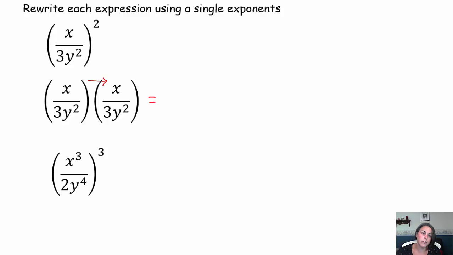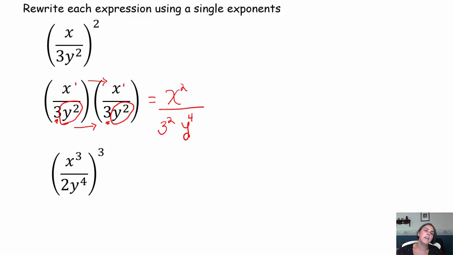If I multiply straight across the top, x to the first times x to the first becomes x to the second, over 3 to the first times 3 to the first becomes 3 to the second. 2 factors of y here, 2 more factors of y. That means we have 4 factors of y, y to the 4th. That's just applying our multiplicative law. When we're multiplying exponents, what do we do? We keep the base, add the exponents.